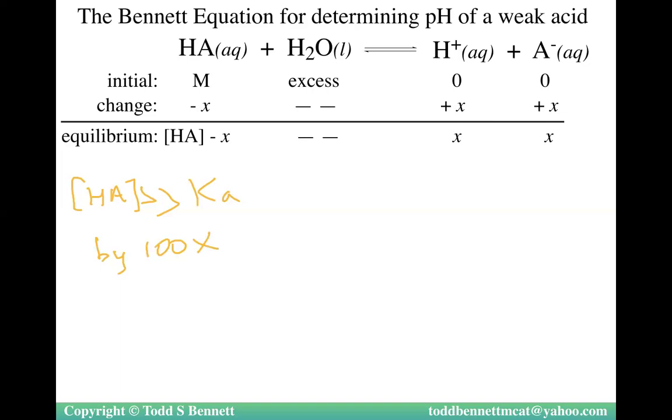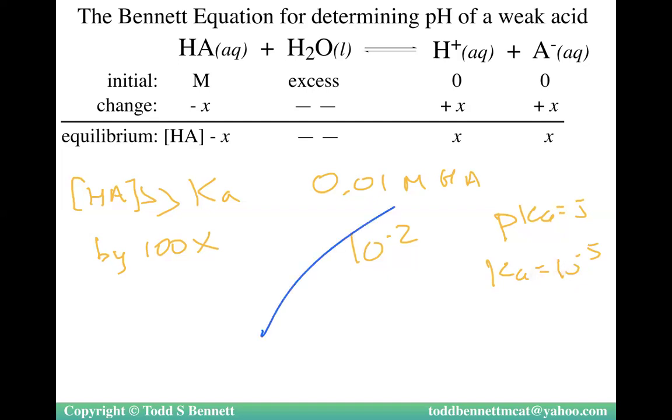So in order for the 5% rule to hold true, HA has to be at least 100 times Ka. So if I had 0.01 molar HA, that's 10 to the minus 2. And let's say the pKa equals 5. That means Ka equals 10 to the minus 5. Let's see if it would hold. Well, 10 to the minus 2 is 1,000 times 10 to the minus 5. So that would work. I can use it.